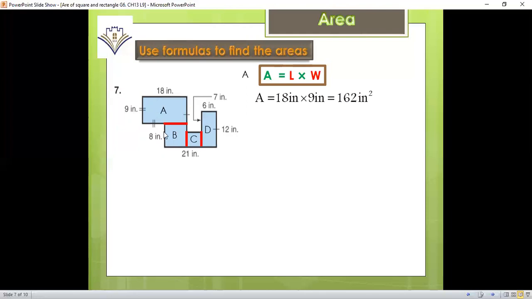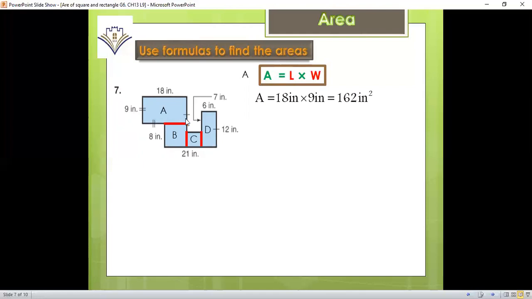I need this line is 8. Good. This line is 8 and this line is 8. I need this line. This line is 18. And this part is equal to this part. This is 9, and this black line is 9 also. But the length of this whole side is 18, and this black line is 9.